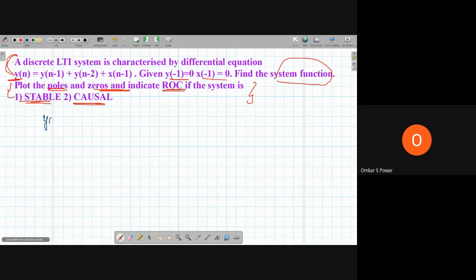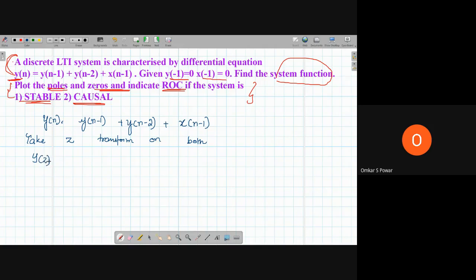So what's the question we have? y of n is equal to y of n minus 1 plus y of n minus 2 plus x of n minus 1. Now what we have to do? We have to take z transform on both the sides. Z transform of y of n is Y of z.